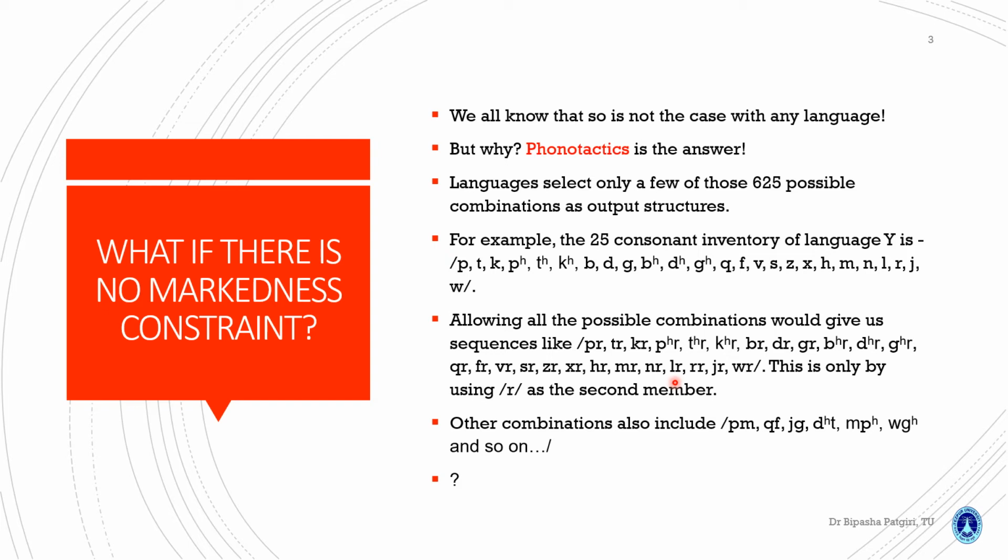Can you speak this sound combination, or can you speak this ra at the beginning of a word in the onset position? Can you speak this? Yeah. Can you speak this? And can you speak this by combining pa with ma, ka with fa, and so on? Can you do that? Think about it.